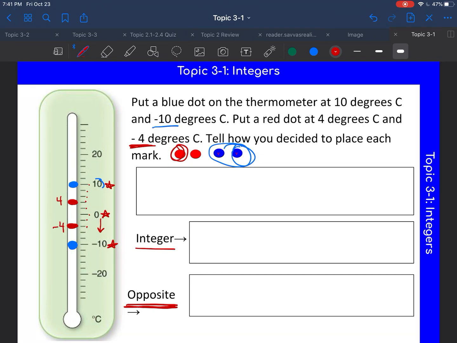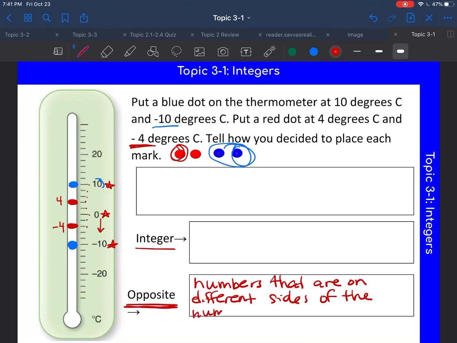Okay, and basically what it means to be an opposite, it is numbers that are on different sides of the number line with the same distance from 0.